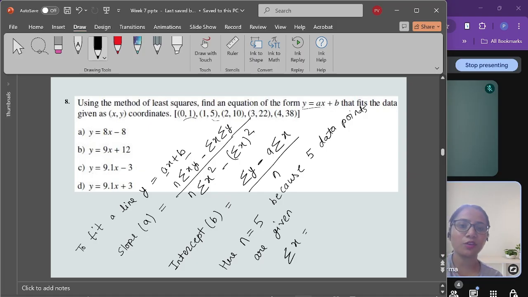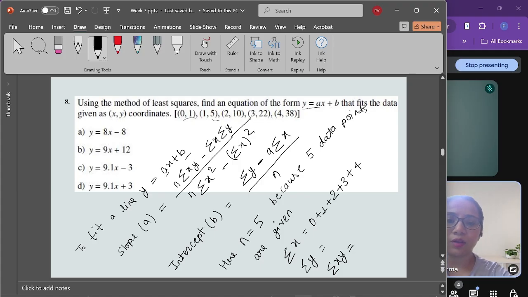So can you just let me know what will be the summation of x? That means summation of all the x coordinates, and summation of y similarly. Next we need to calculate summation of x into y. So what is the summation of x? 0 plus 1 plus 2 plus 3 plus 4.